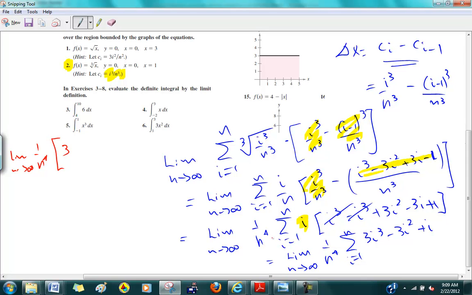But where's the i cubed? This i got distributed all the way through here. This i here, I multiplied it out in here. You want to come up here and point what you're talking about, because I'm not sure what you're saying. I don't know, did I do something wrong in here? I'll have to look at that later.